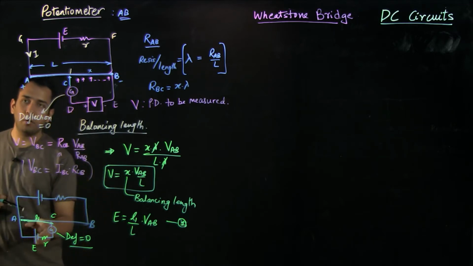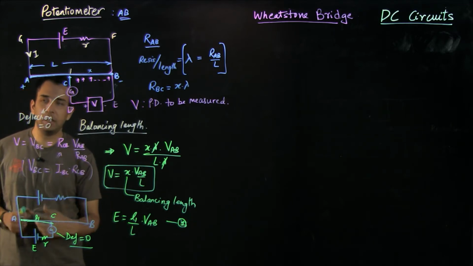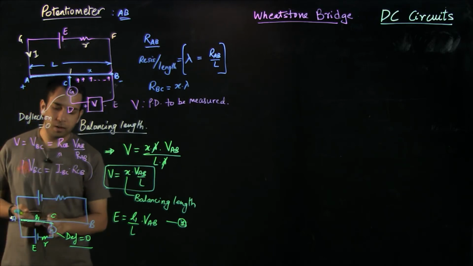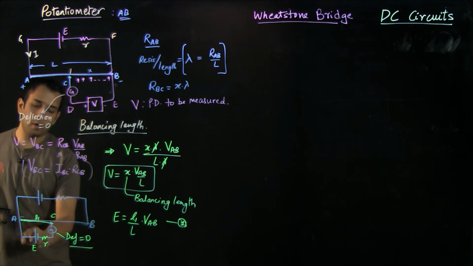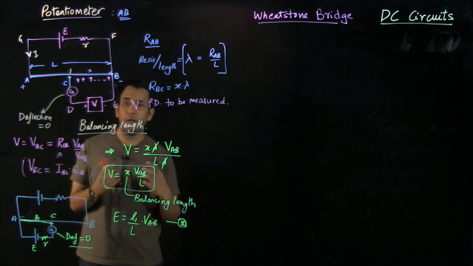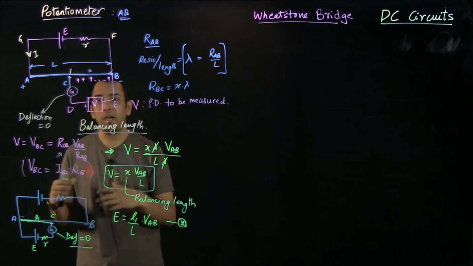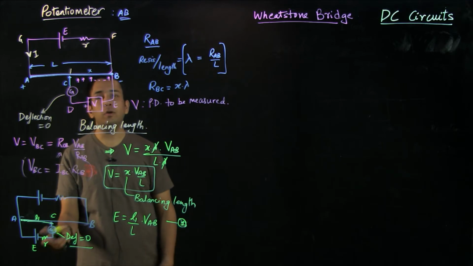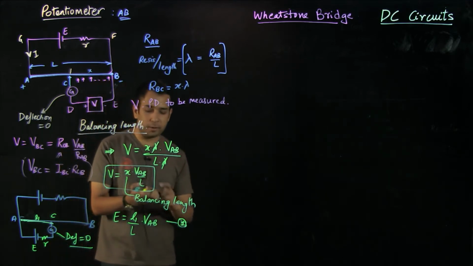So even if the battery wants to give some potential difference, it is not able to, because it is counteracted by the potential difference across AC. Due to this, there is no current flowing in this branch. So we need to give another circuit or another opportunity for the current to flow, so that a current flows through this r as well and through another resistor or another element as well.